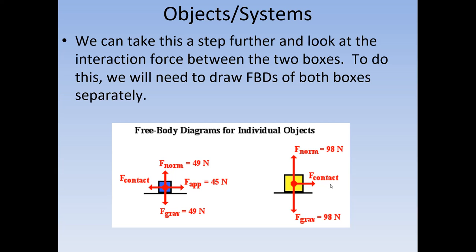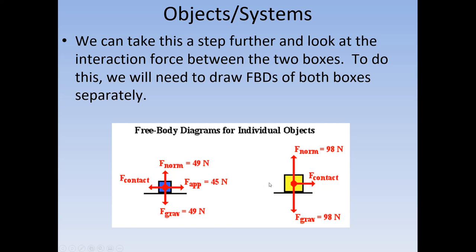Now, one thing I forgot to mention about the 10 kilogram block. This one does not have an applied force pushed onto it, only the contact force. We know that there's got to be a contact force forward because, first off, we know that it's going to end up accelerating forward because the blue block is pushing into it. So the blue block's pushing from this side, so there should be a force going in this direction.